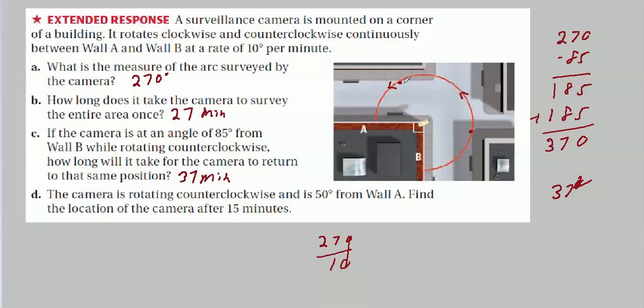After 50 minutes, where would it be? Well, that's not too tough. It's 10 degrees per minute, so it will travel from 50 plus 15 times 10, which is 150. That's 200 degrees.